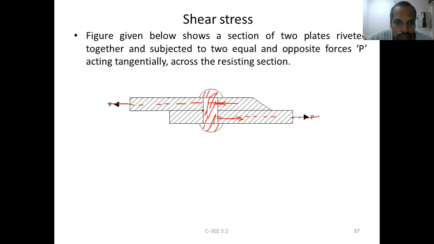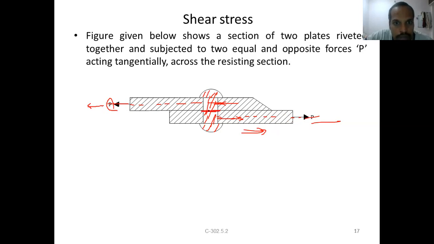Because of this, at this junction, this plate tries to move to this side because of this force P, and this force P tries to pull the plate toward this direction. Because of this, the rivet is subjected to some sort of tangential stresses at the junction.